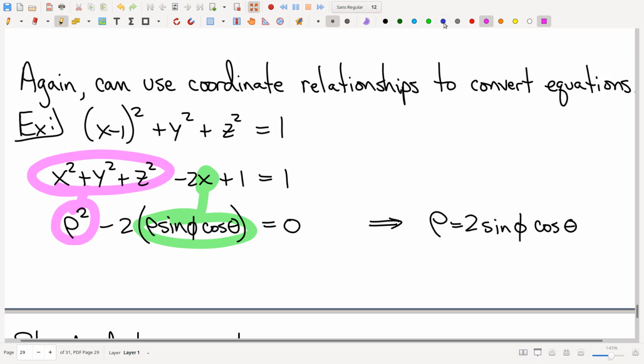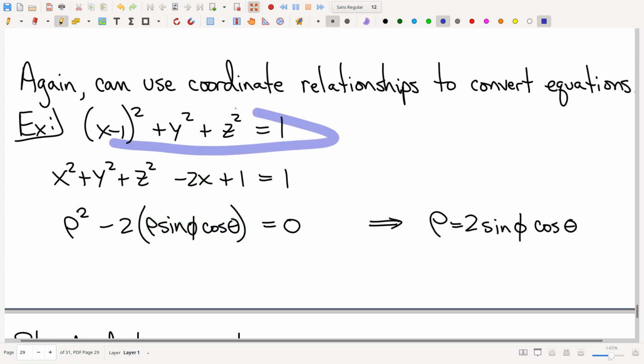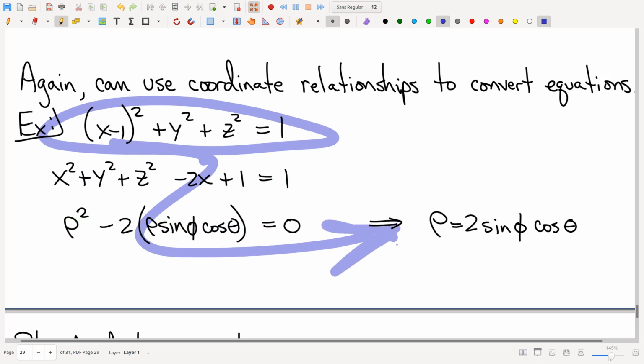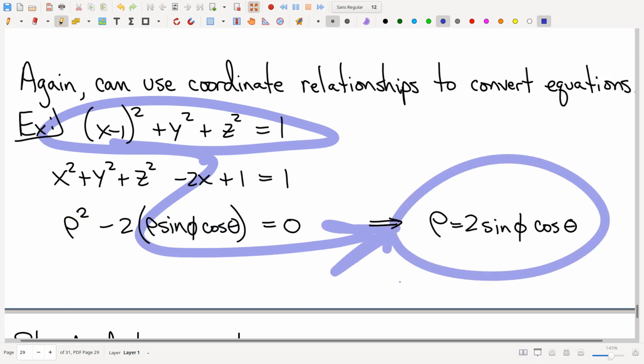And other little details, don't forget that the ones cancel, and boom, boom, boom, and we have that our final result is that this converts to that. Everybody see the process there? Make sure you can check the details, think it through. Right?